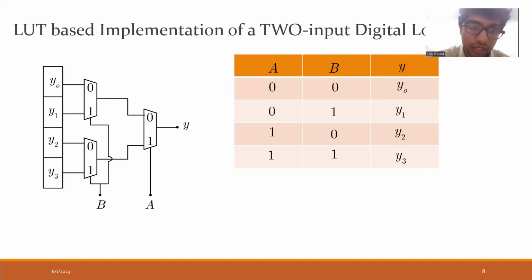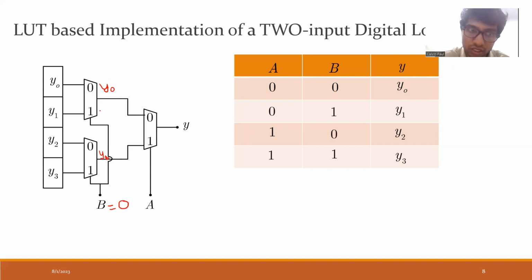So let me start from B. Now assume I put B equal to 0. If B is 0, the output of this digital mux, see a mux has many inputs, but it has a single output. And the output is selected based on a select line. So when B equals 0, it will select the output to be Y2. This same select line is going to this mux as well. B is 0, so it will select Y0 to be the output.